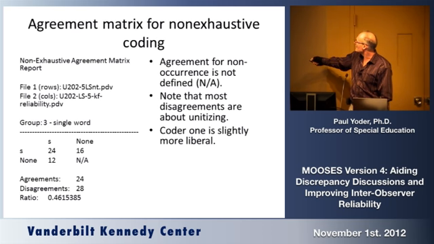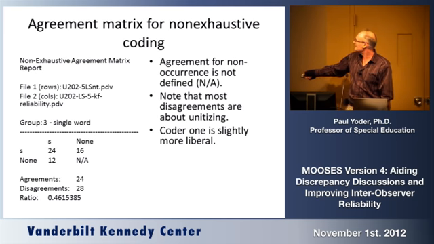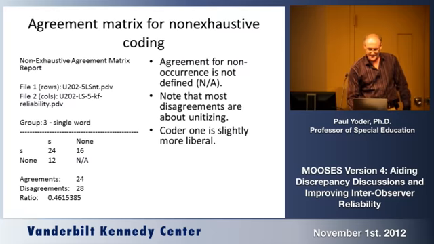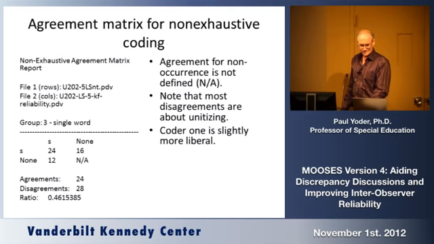So in this case, what we see is that coder 1 is slightly more liberal in coding smiles than coder 2. Okay? That's one way to use that approach. Yes? Was the 24 the number they got that were the same? Yes.